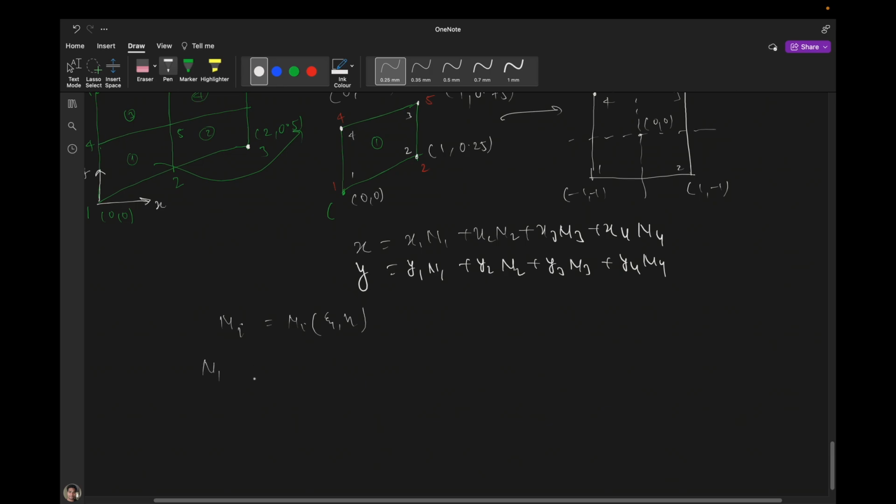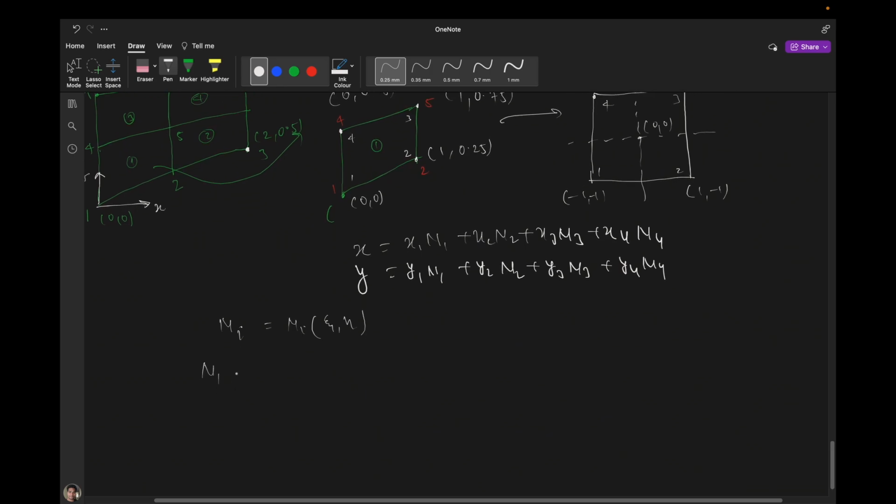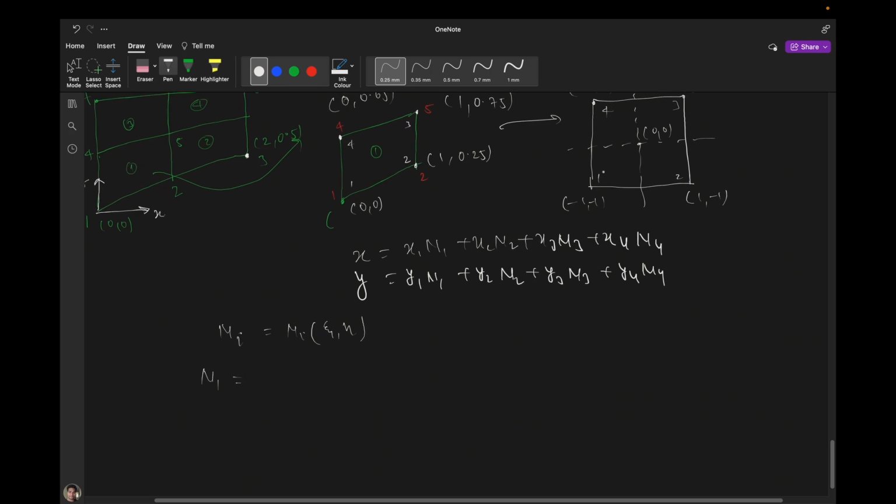So based on this, since this is a quadrilateral, what will be n1 here for node 1, the shape function? For node 1, n1 will be 0 at the 2, 3 and 4 positions.